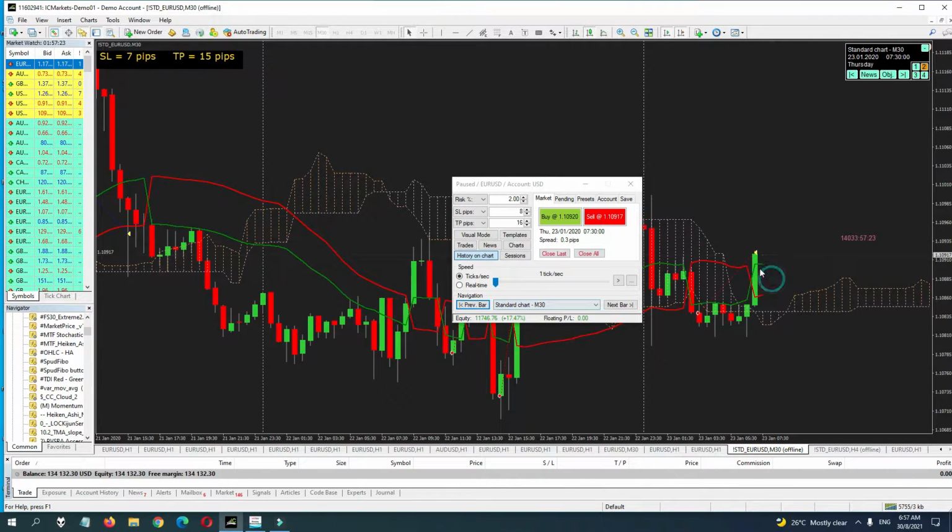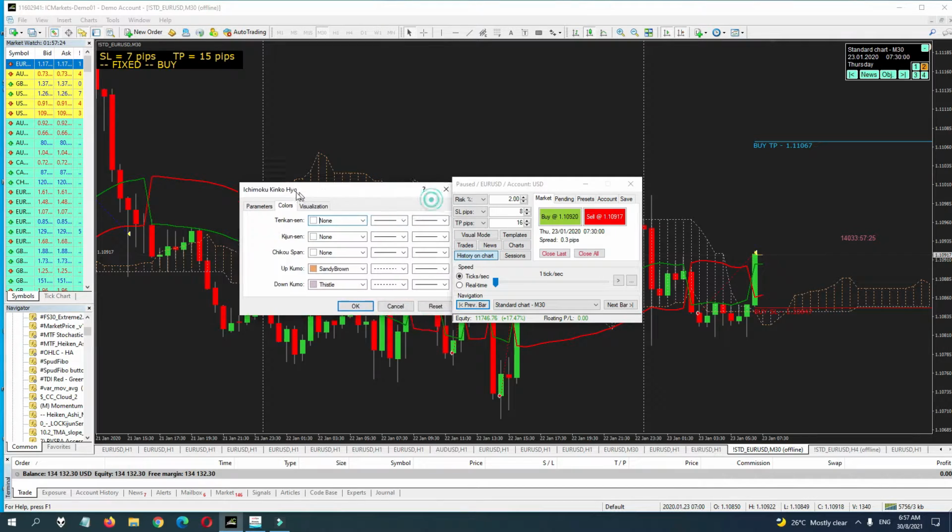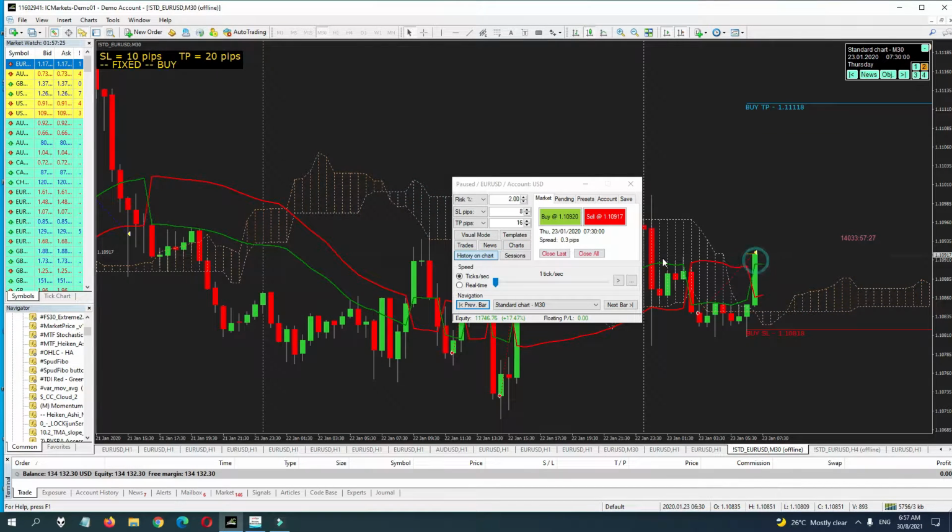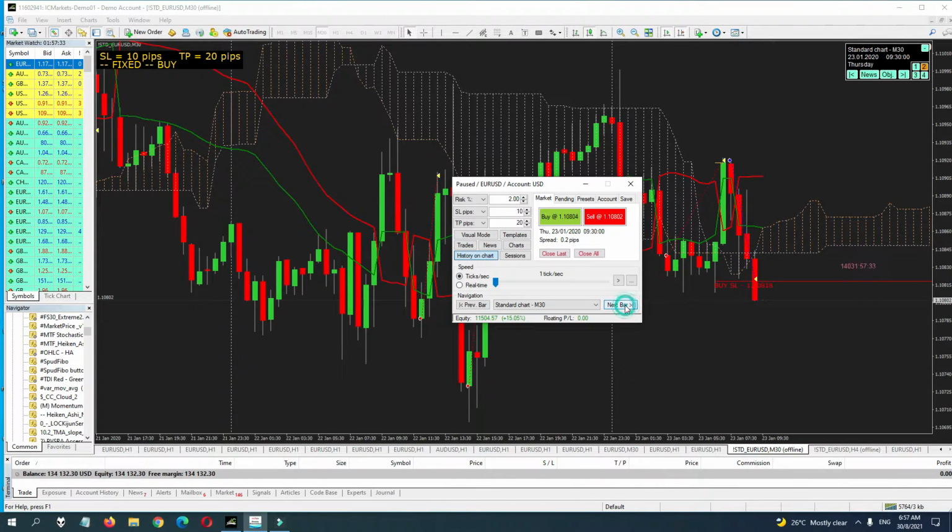We enter here. We lose money here. So I'm going to backtest this 100 times, and we'll see if it's profitable.